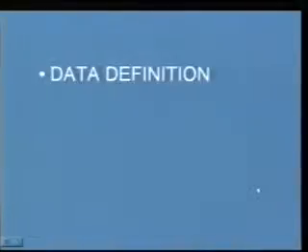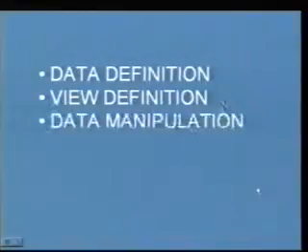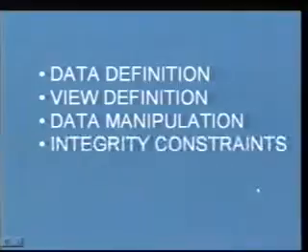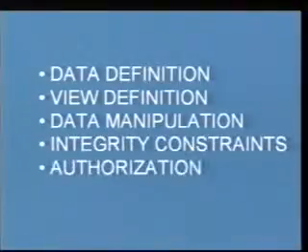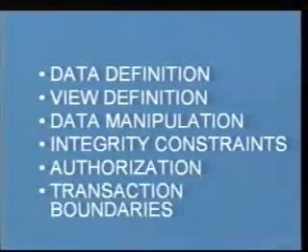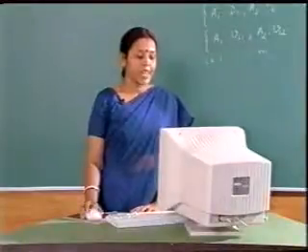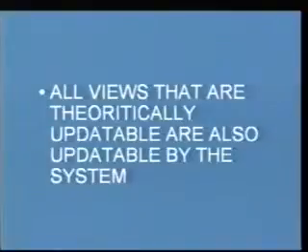There must be one language that is comprehensive in supporting all the following items: data definition, view definition, data manipulation, integrity constraints, authorization and transaction boundaries. Next rule says all views that are theoretically updatable are also updatable by the system.